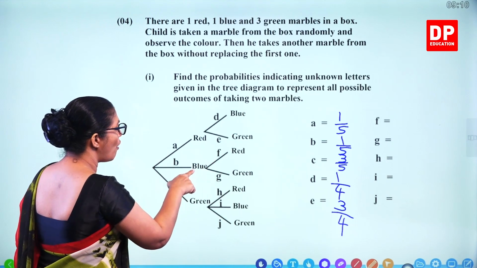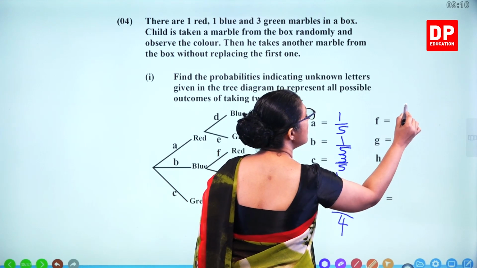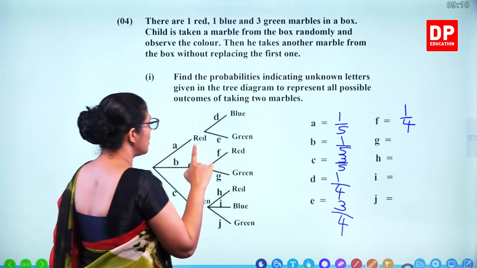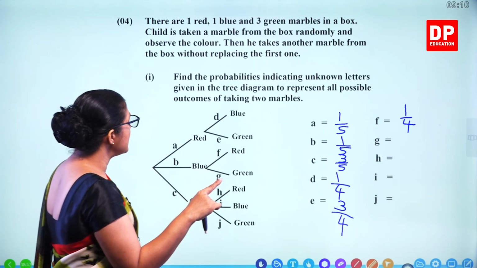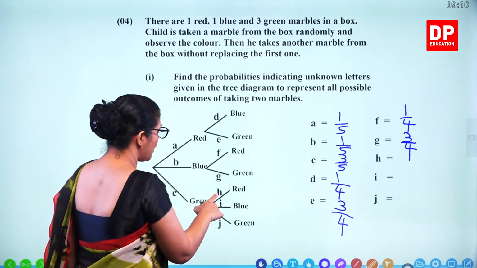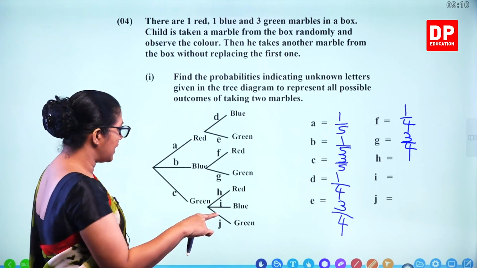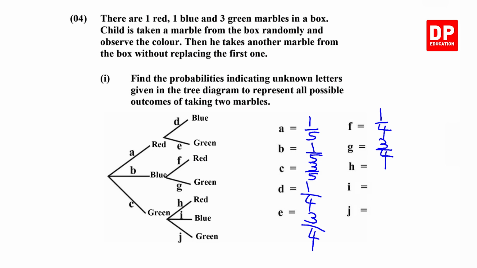F means already blue one is taken. What is the probability of getting red? 1 over 4. G means already taken blue one. What is the probability of getting green one? 3 over 4. H means green one is already taken. What is the probability of getting a red one? So 4 is the denominator, red one's only 1.